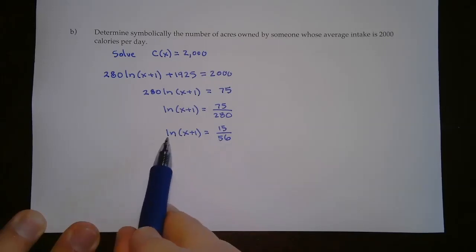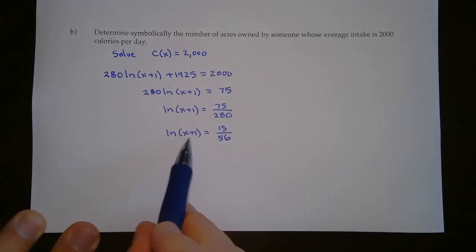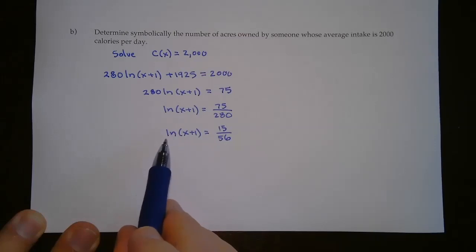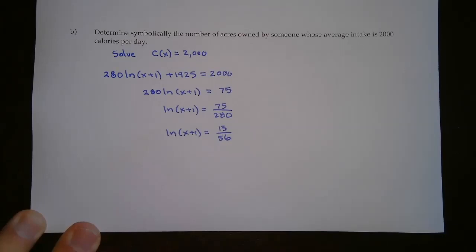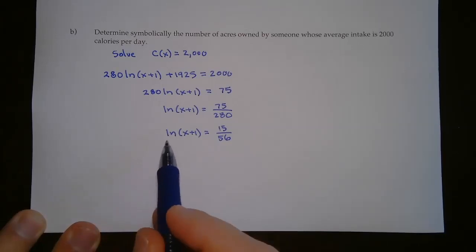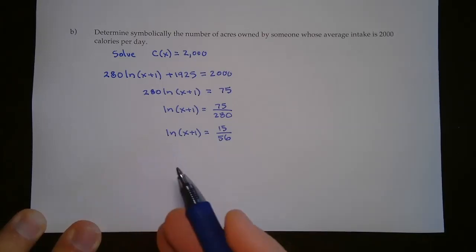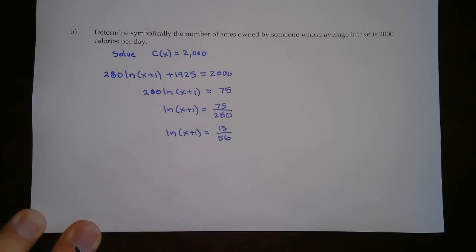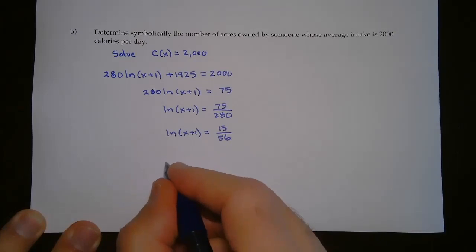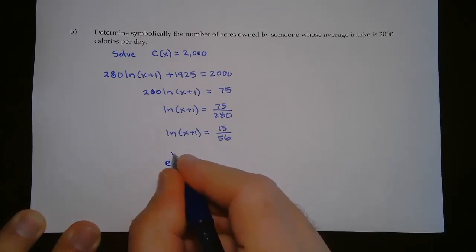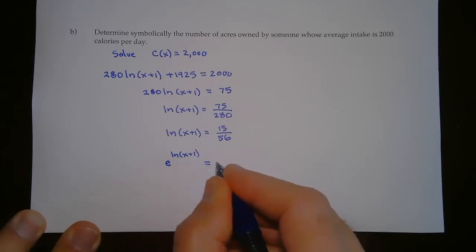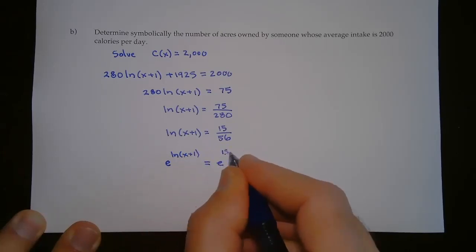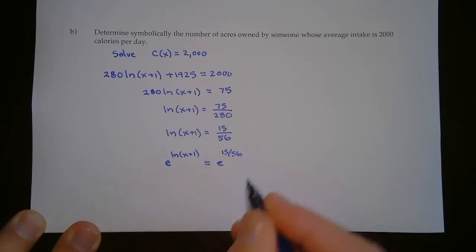Now, we need to get rid of the natural log to get to the x plus 1 part, right? So how do we undo natural log? Well, we need to exponentiate to get rid of any logarithm, right? So what base are we going to use to exponentiate with? Well, this is natural log, which means it's base e. So we're going to exponentiate with base e. So this becomes e to the natural log of x plus 1 is equal to e to the 15 over 56 power, right?